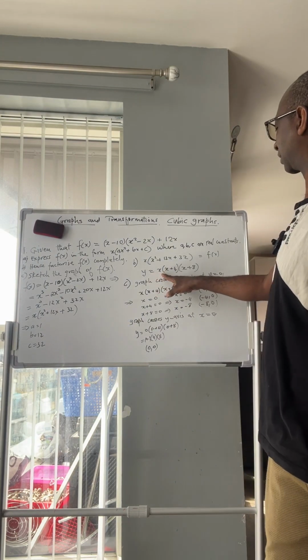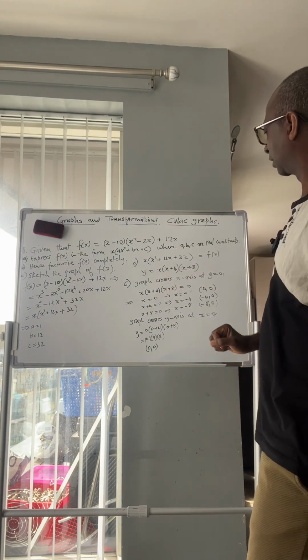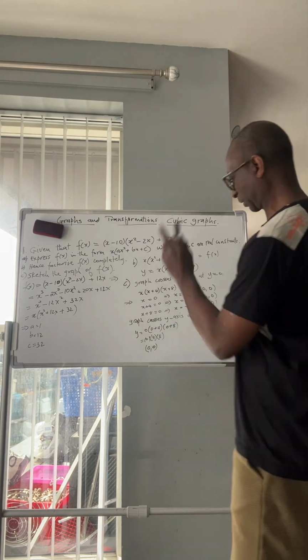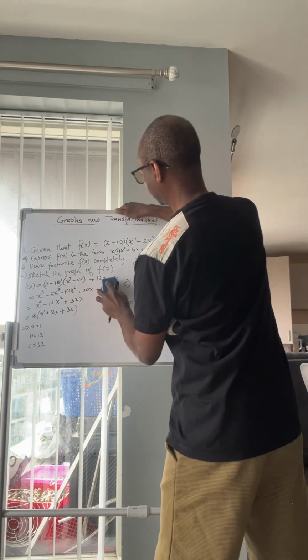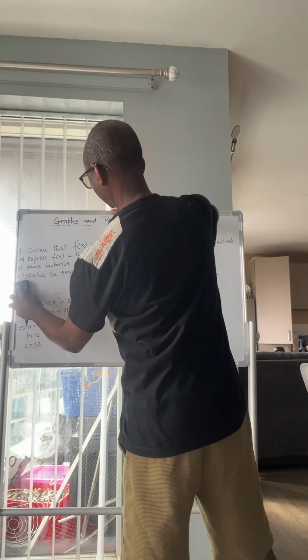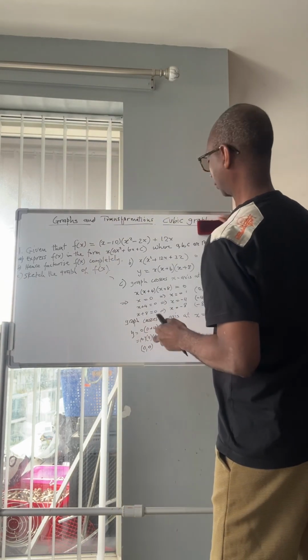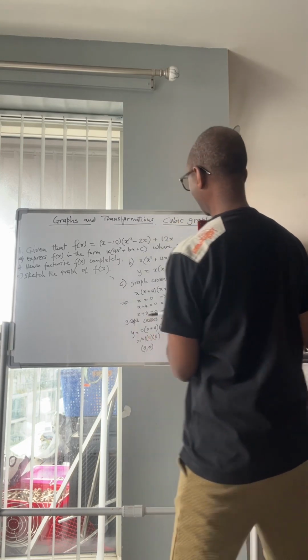Y equals x into x plus 4 into x plus 8. So if x approaches plus infinity, I need to erase here for now. Later I will erase this.